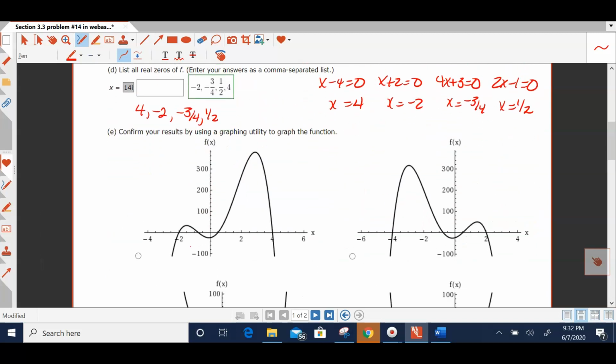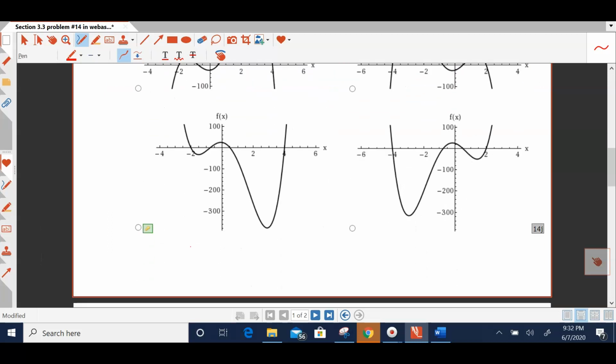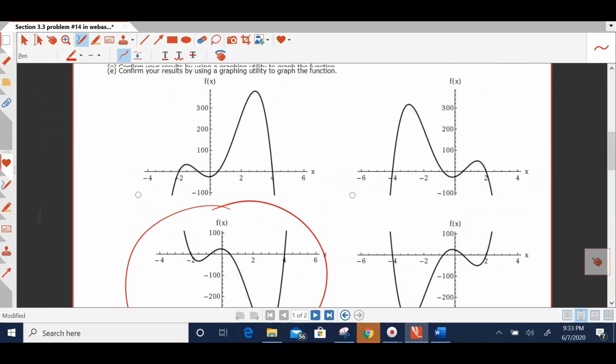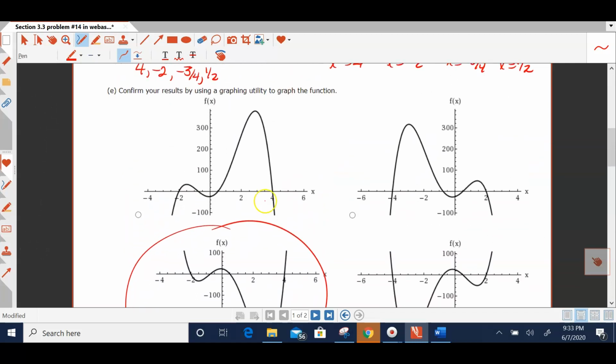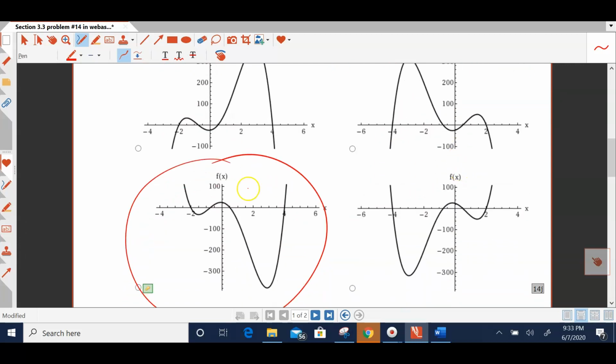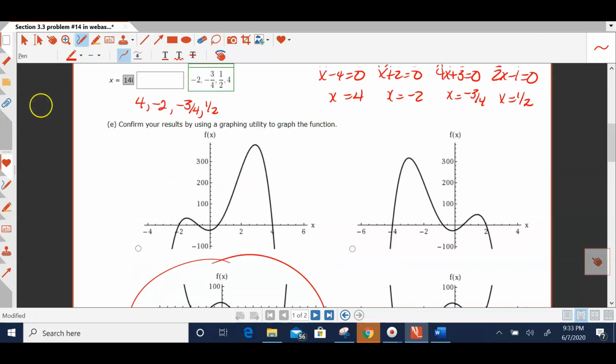Finally, put it in your calculator, check to see what the graph looks like, and it appears that this is the graph you would get on your calculator. And something that will help you in this multiple choice format is take a look at the window they're using, and you might need to set your calculator up using those windows to try and get a decent picture of your polynomial.